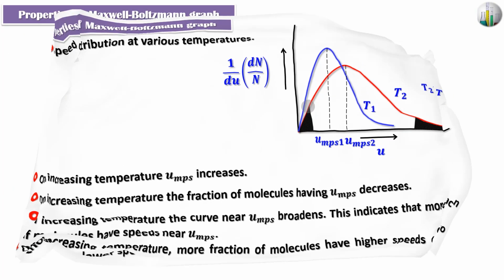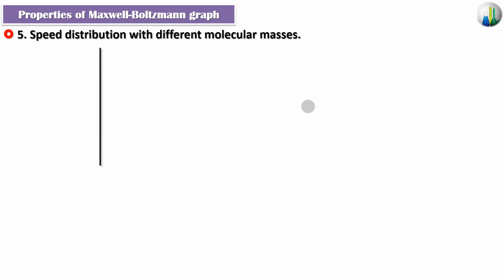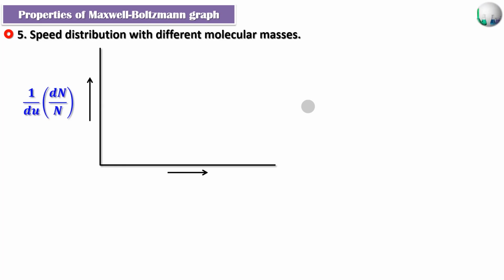So next we're going to talk about the molar mass. Now, if I were to take two gases with different molecular masses and they were kept at the same temperature, they will have different graphs, obviously. And the graph goes somewhat like this. This is the lower molecular mass and this is the higher molecular mass.